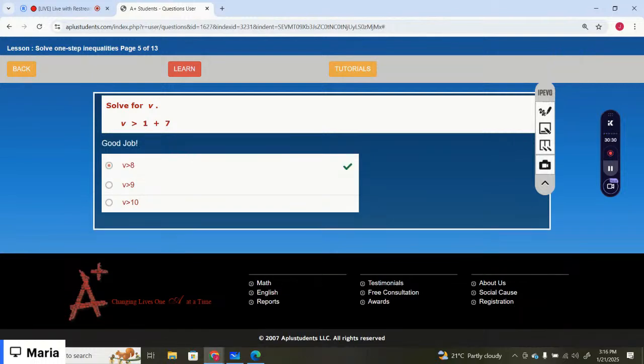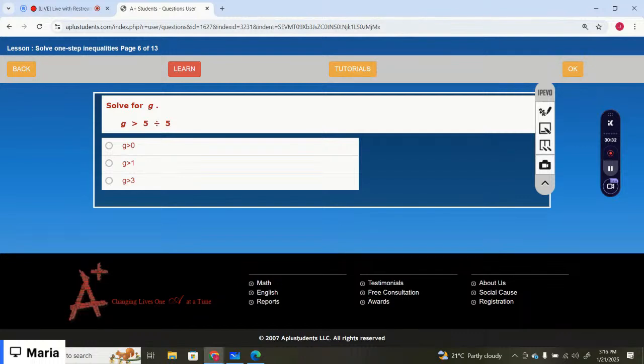Very good. Solve for g. 5 divided by 5, which is the correct option. That is 1. 5 divided by 5 is 1. g is greater than 1. Option number 2 is the correct option.